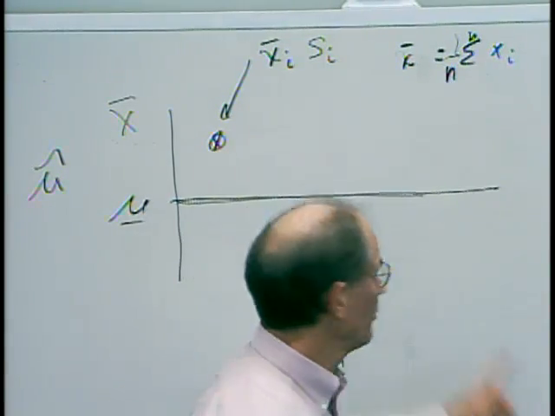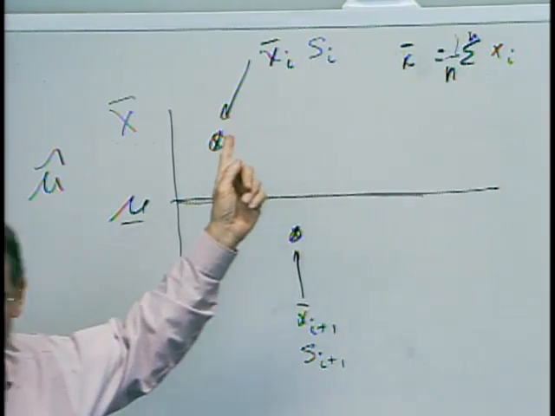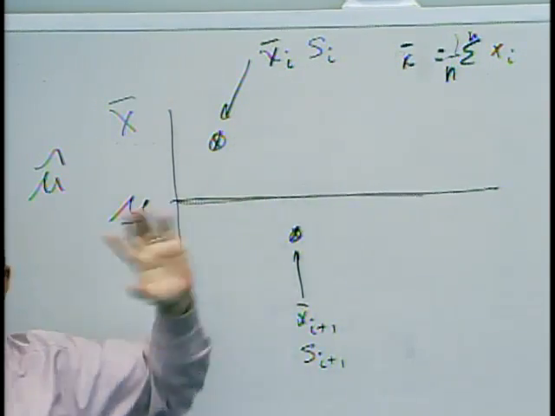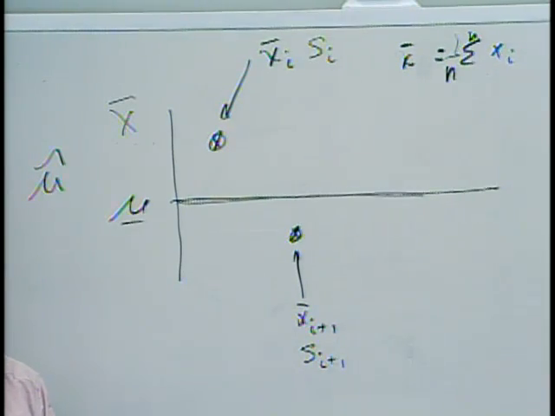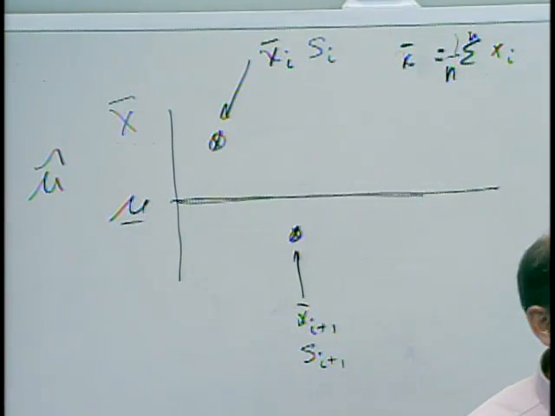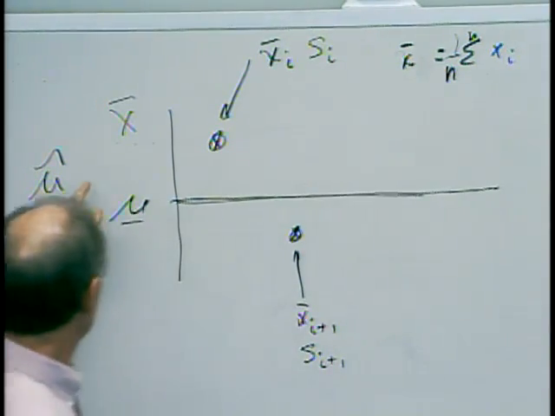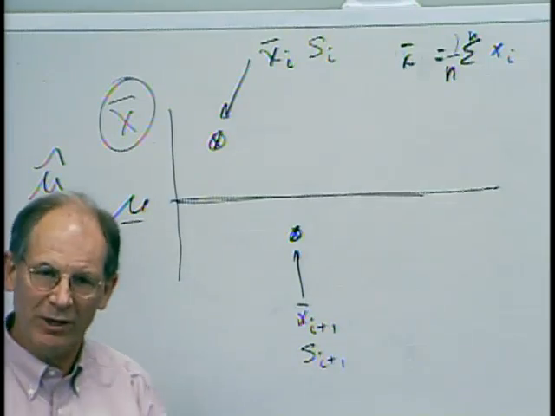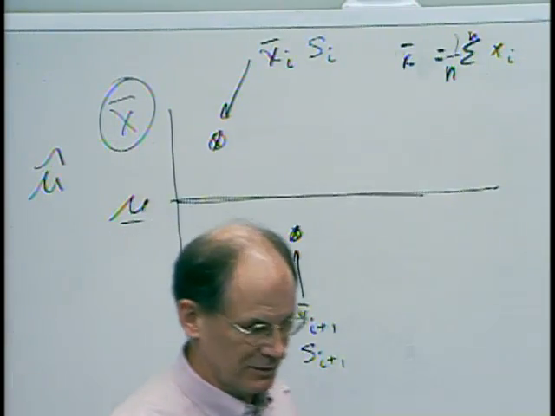So what I'm really plotting here, in a sense, are my sample statistics. Not the data, but my sample statistics. And the reason is, in effect, you have to say, at this level, I don't care about the data. What I care about are the statistics of the data and what they're telling me about the underlying behavior. Okay? So that's one of the key reasons for plotting this. We're not plotting the data, we're plotting the statistics of the data.